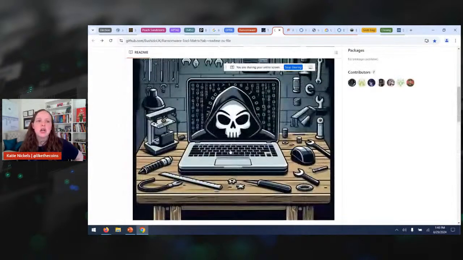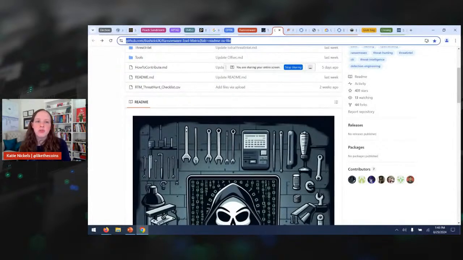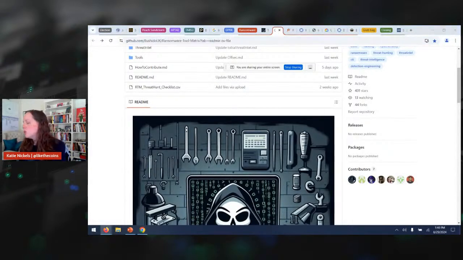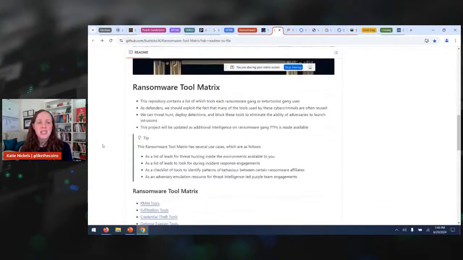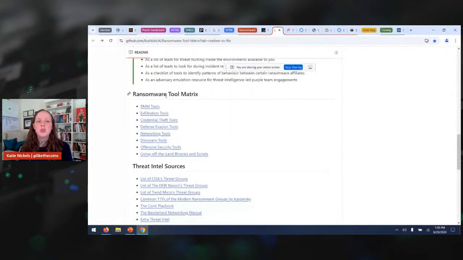If you care about ransomware, check this thing out. It is chock full of information. It's hosted on GitHub, and he has a little explainer blog. It has a ton of details about the different tools that ransomware groups and actors use in different parts of their intrusions. If you've joined us before, you've heard of RMM tools, remote monitoring and management.